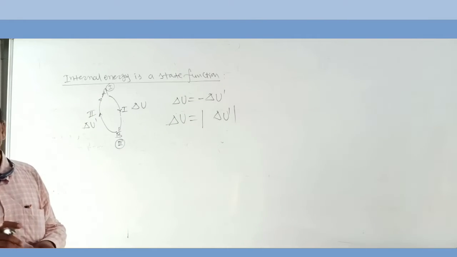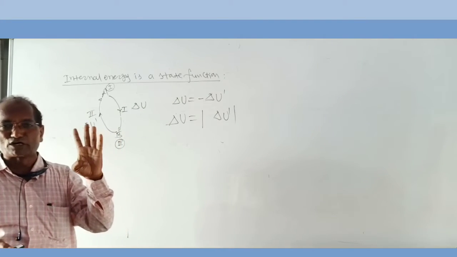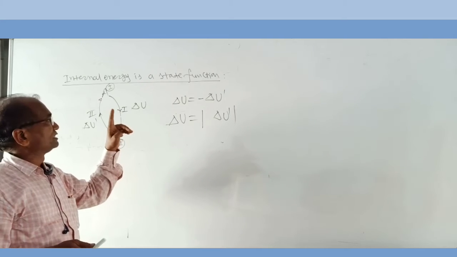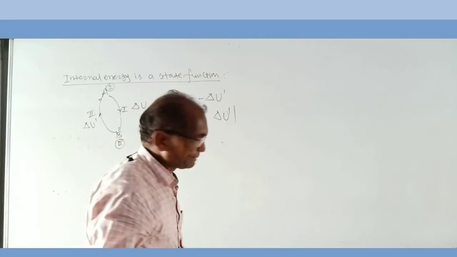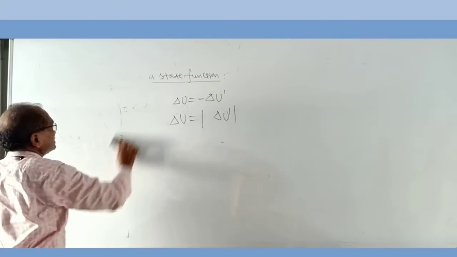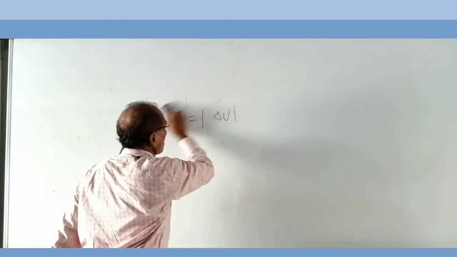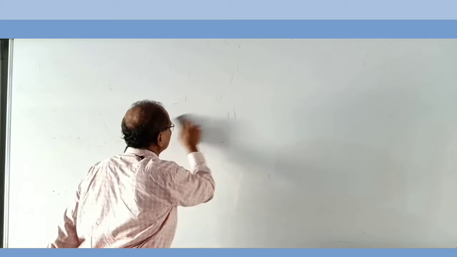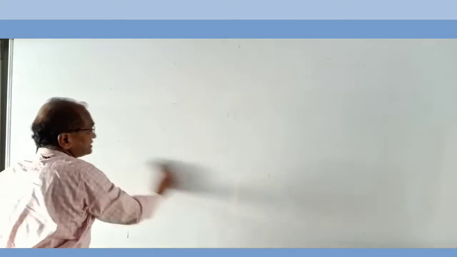In the last period, we saw four state functions: temperature, pressure, volume and number of moles. And this is the fifth state function, internal energy, which depends upon the initial and final state of a system, not upon the path followed by the system. Therefore, internal energy is a state function.